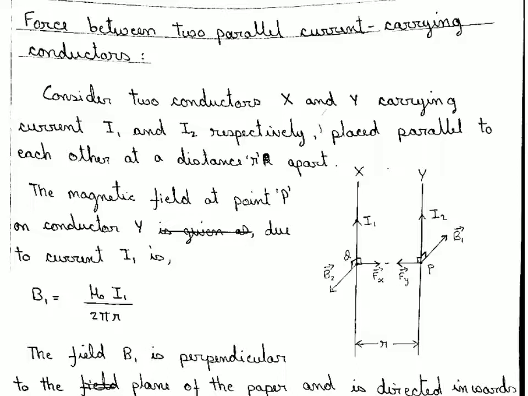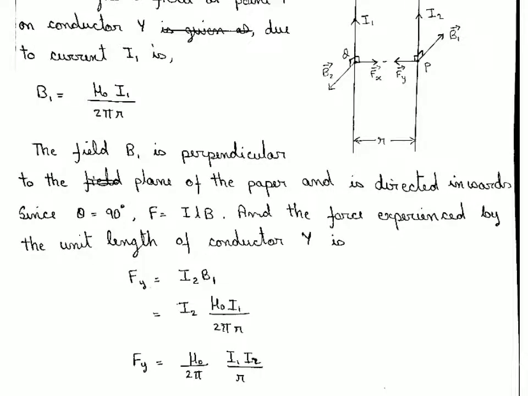So here we have a conductor Y placed in a magnetic field B1. And as we have learned earlier, if a conductor is placed inside a magnetic field, it will experience a force given as ILB sine theta. And in this case, the current is in a direction making an angle of 90 degrees with that of the magnetic field B1. So here I2 makes an angle of 90 with the magnetic field B1.